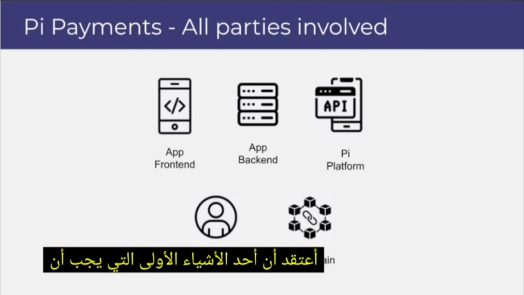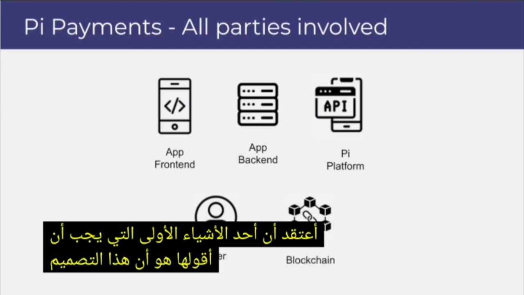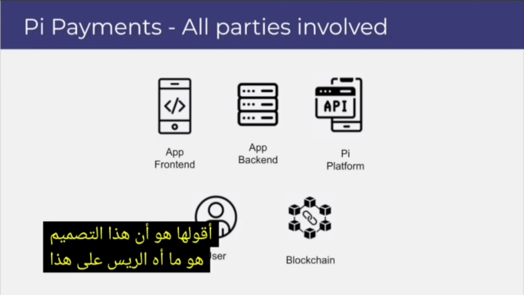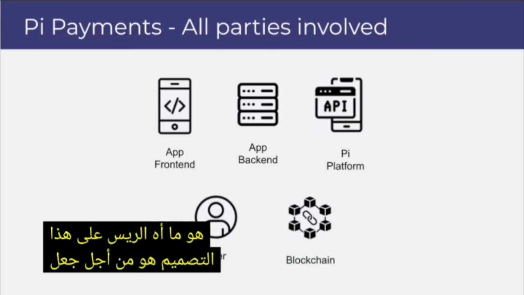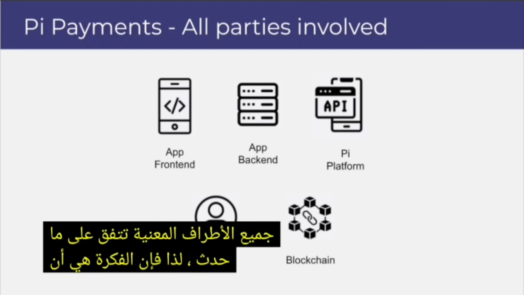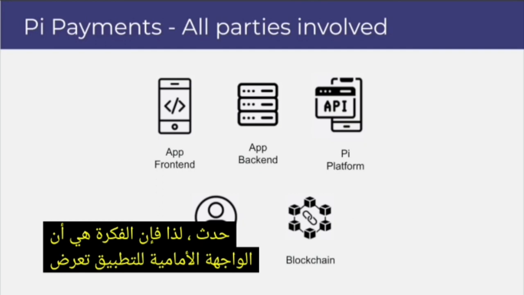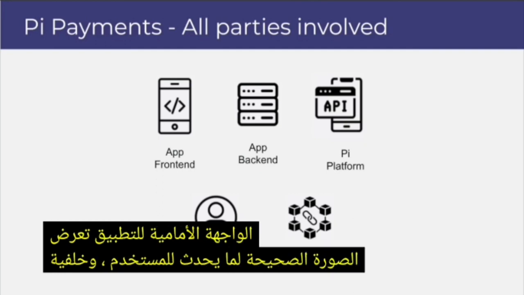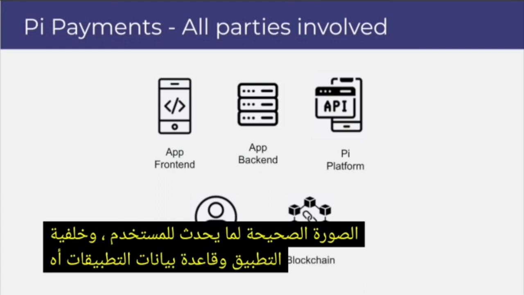So I guess one of the first things to say is that the reason this design exists is in order to get all parties involved to agree on what happened. So the idea is that the app front end shows the correct picture of what's going on to the user, the app backend and the app's database contain the right information.